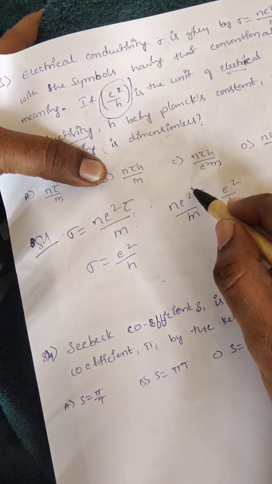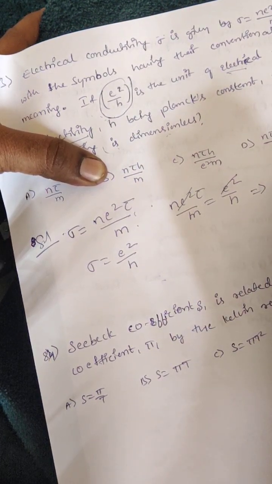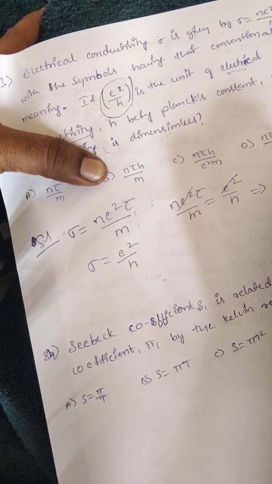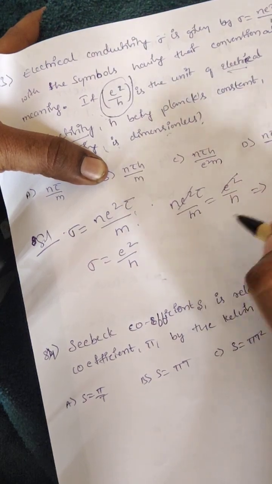Therefore e square cancels, and you can write that as n h tau by m.